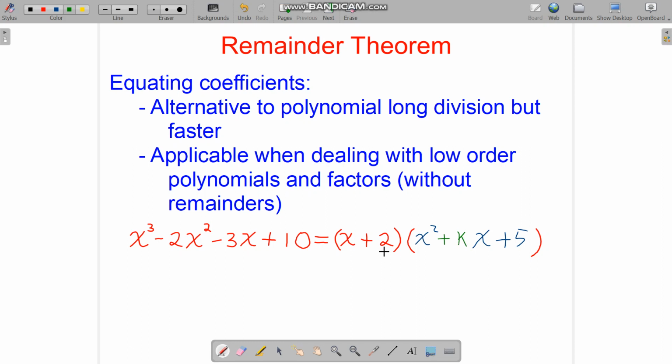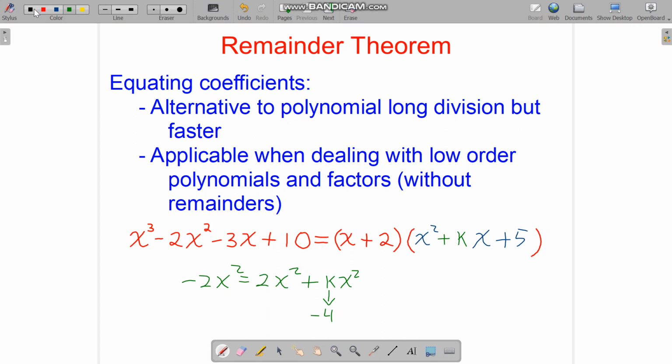And if we try to find the x squared term, that is from 2 times x squared, so that's 2x squared, and we can get x squared from x times kx, so plus kx squared, but it's supposed to be minus 2 on the left, so this is supposed to be minus 2x squared. So that means the k is gotta be minus 4.